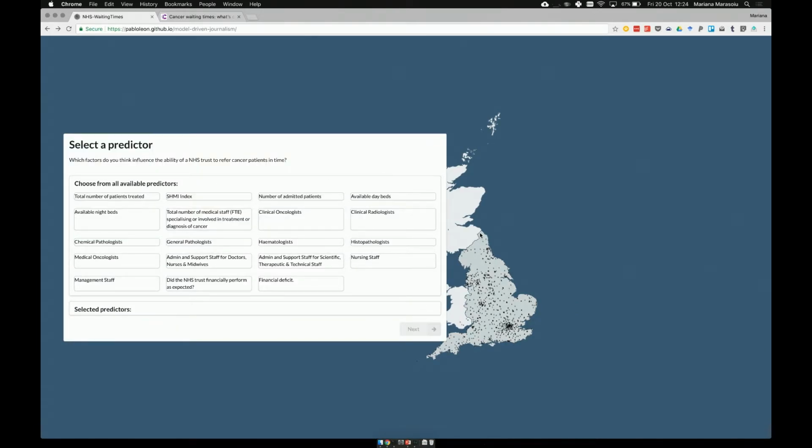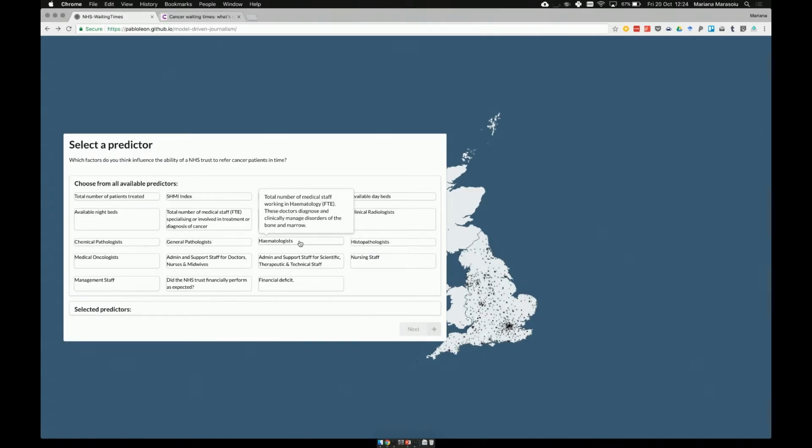And then the next step that we'd expect the user to do is, rather than give them a set of reasons on what we think might be causing the issue, we allow the user to pick amongst several factors that they think might contribute to the NHS Trust's inability to achieve these targets.